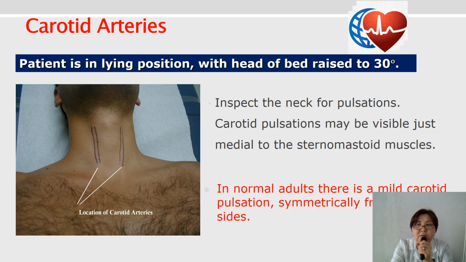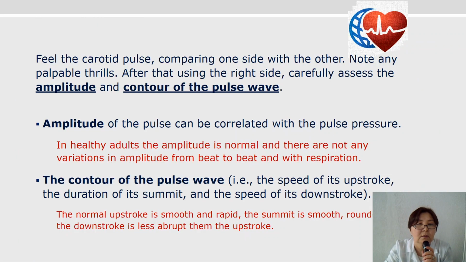Carotid pulsation may be visible just medial to the sternomastoid muscles. In normal adults, there is a mild carotid pulsation symmetrically from both sides. Feel the carotid pulse comparing one side with the other. Note any palpable thrills.